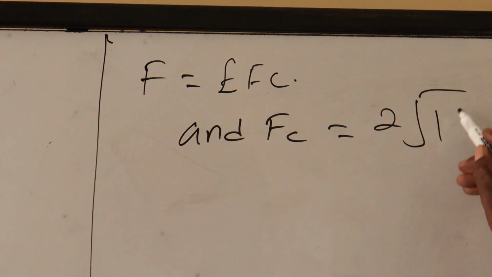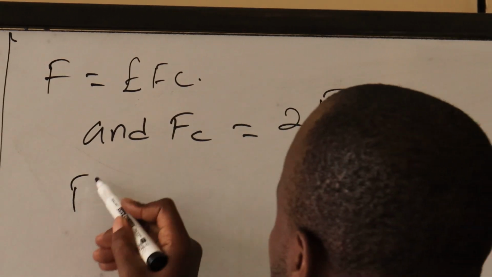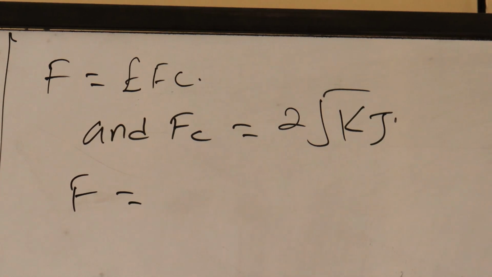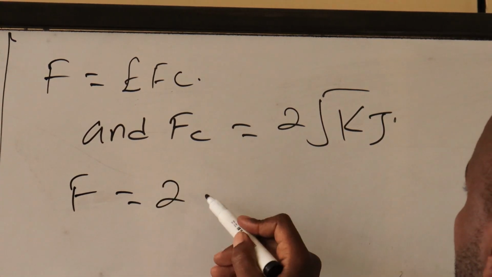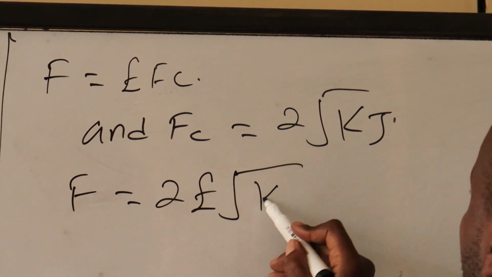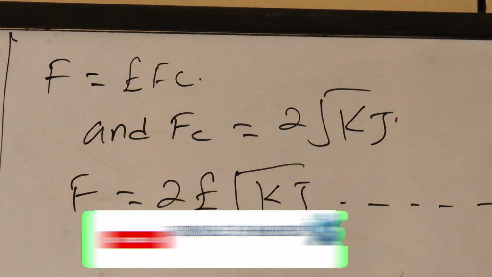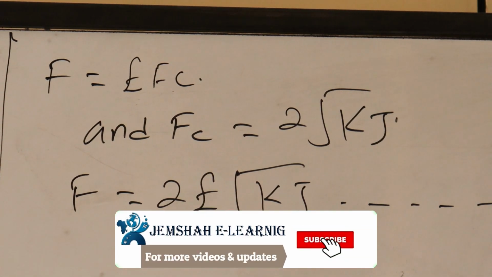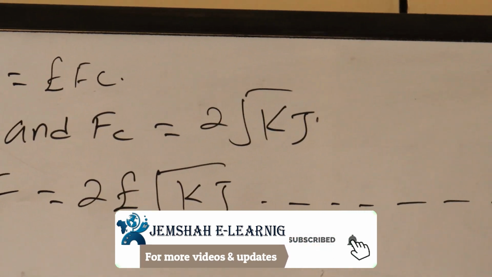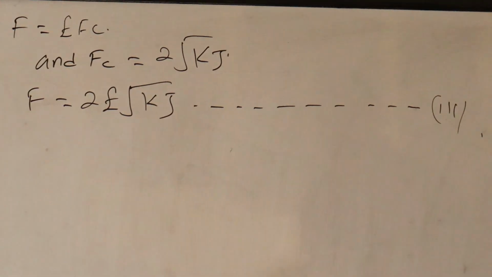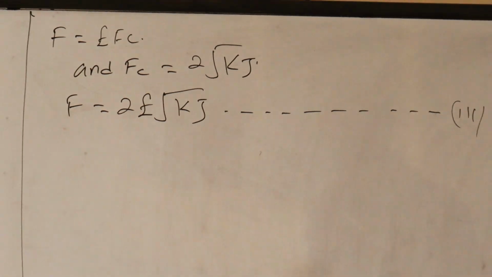So F is going to be 2 zeta root of kJ, and we can call that one equation number 3.